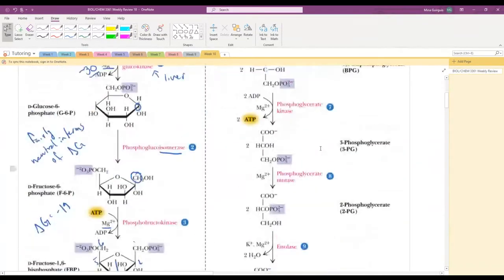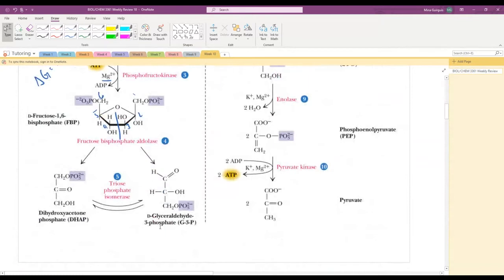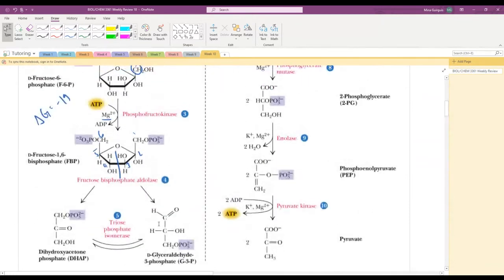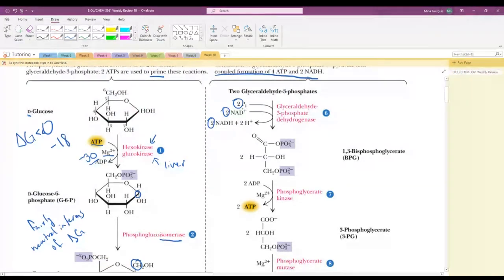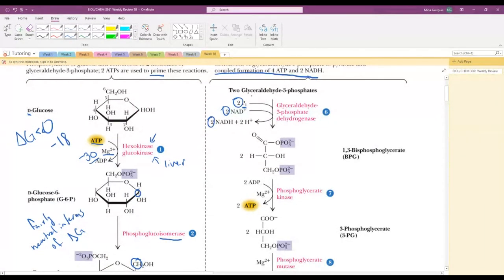So the next reaction, the first reaction of phase 2, is the conversion of G3P to 1,3-bisphosphoglycerate. I want to point out that this is a phosphorylation reaction. We're not using ATP. Why is this important? It's important because the fact we're not using ATP tells us a lot.